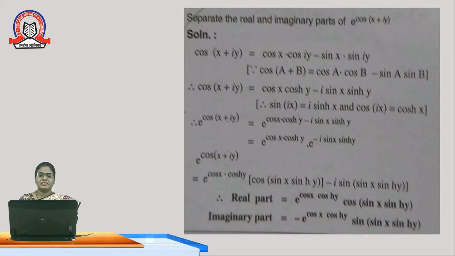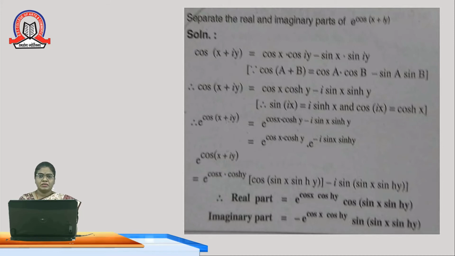Using the formula e power a plus b equals e power a into e power b, we are getting e power cos x cosh y into e power minus i sin x sinh y. Now on the right hand side, expanding e power minus i sin x sinh y from exponential to polar form, we are getting the final answer e power cos x cosh y into cos of sin x sinh y minus i sin of sin x sinh y.